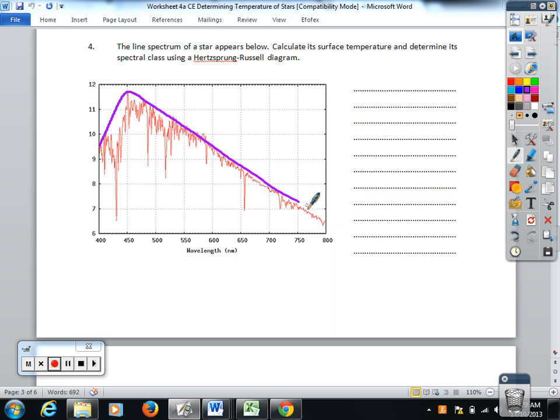Can you now read off a peak wavelength, lambda max? Would the peak wavelength be there if you use a ruler? Good. Okay, off you go. Work out the surface temperature of that star, and then move on to the next part.